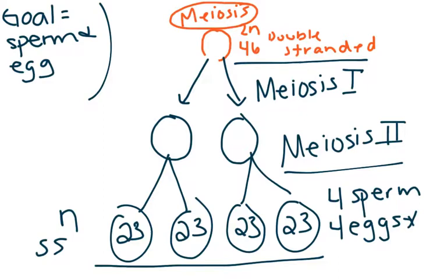In meiosis, we are getting 4 sex gametes, whether it's egg or sperm, that have half of the amount of chromosomes, so they have 23, N for haploid, and they are single-stranded. The reason why they are single-stranded is that when fertilization occurs, and this goes back to the reproduction unit, you need 1 egg, 1 sperm, and the combination in fertilization of each will give you a total of 46 chromosomes.